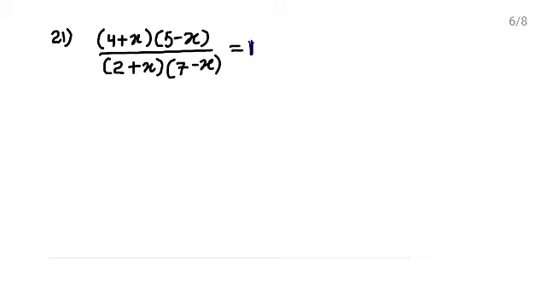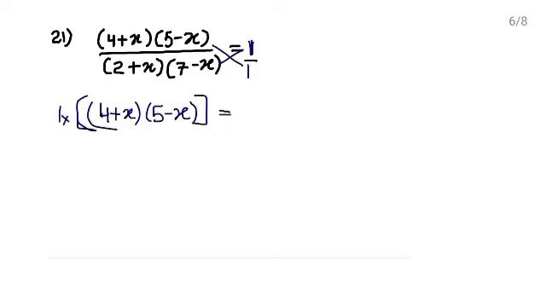Now question number 21 is (4 plus x) into (5 minus x) upon (2 plus x) into (7 minus x) is equals to 1. So cross multiply, you can put 1 here, right? Multiply (4 plus x) into (5 minus x) by 1, and multiply by 1 to this (2 plus x)(7 minus x).